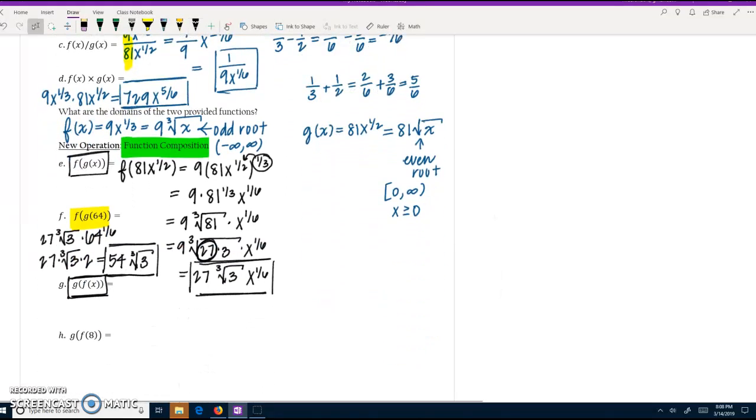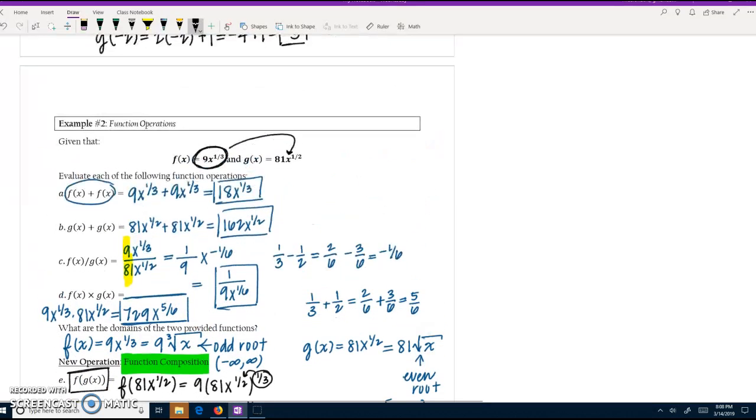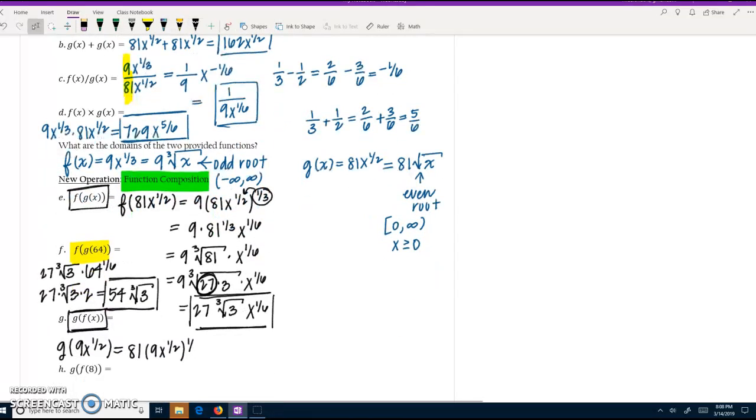So I can write this as g of 9x to the 1/3 power, which is also equal to 81 times 9x to the 1/3 power, all raised to the 1/2.